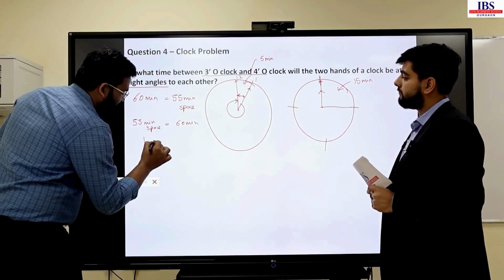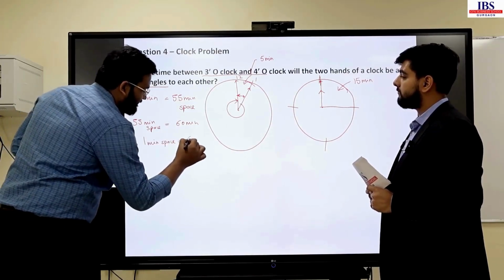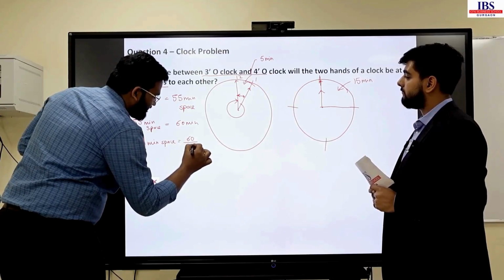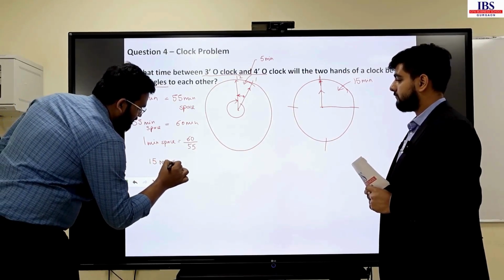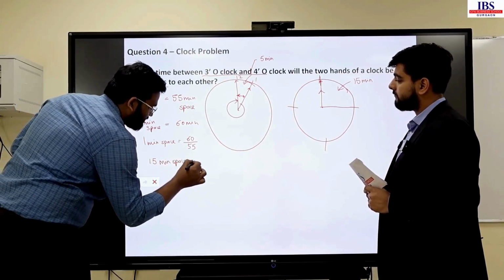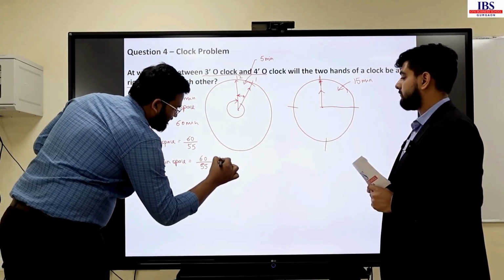So for 1 minute space, how much time will the minute hand take? 60 upon 55. So to travel 15 minute spaces, it will be 60 upon 55 into 15.